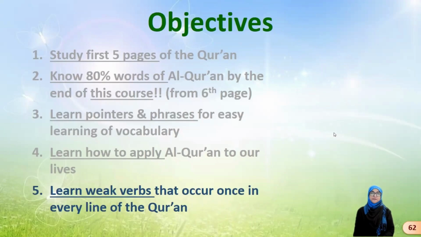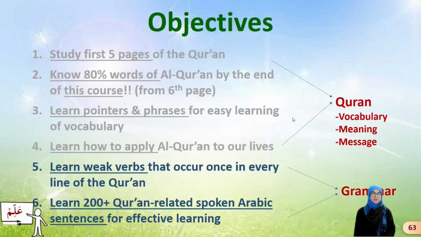Alhamdulillah. The fifth objective is to learn weak words that occur once in every line of the Quran. There are some weak words, and we will learn them in this course, inshallah.